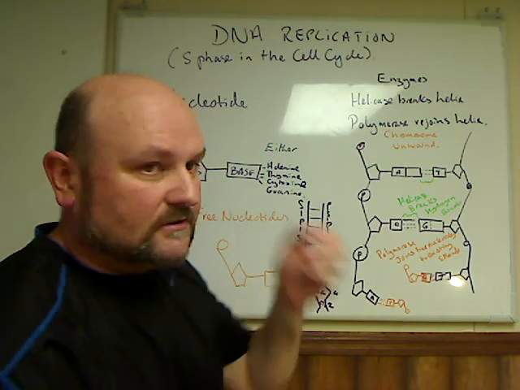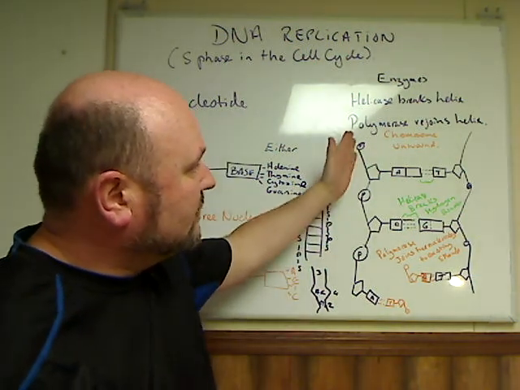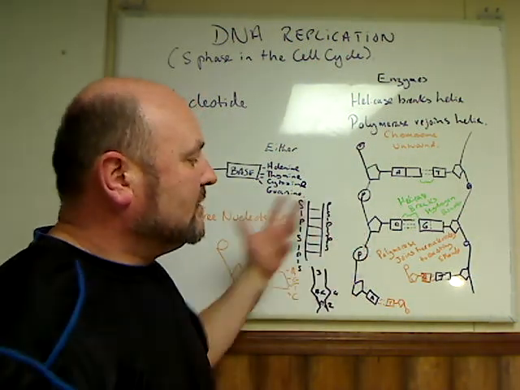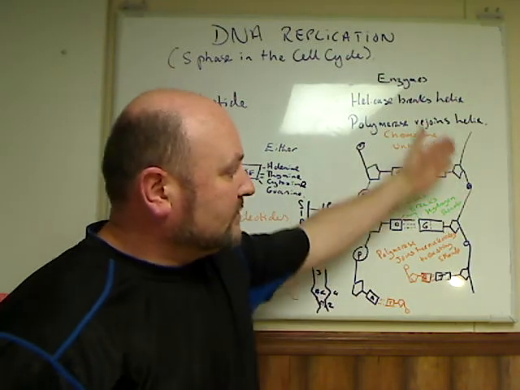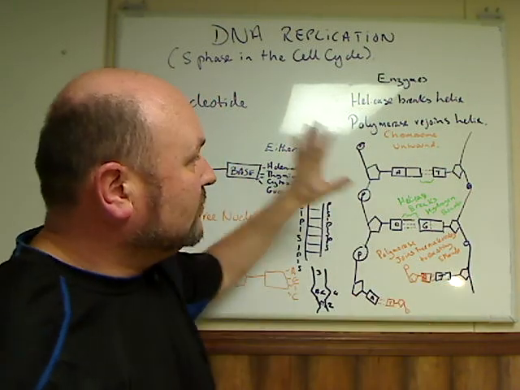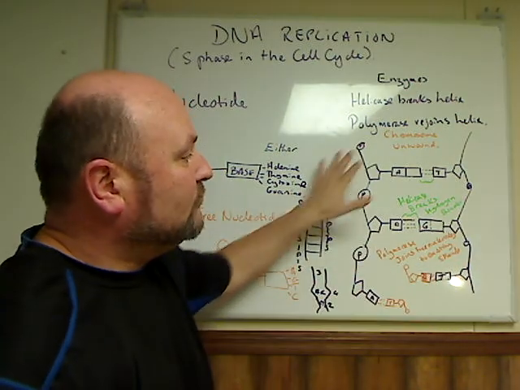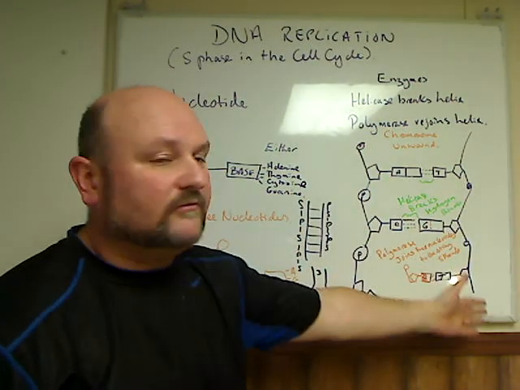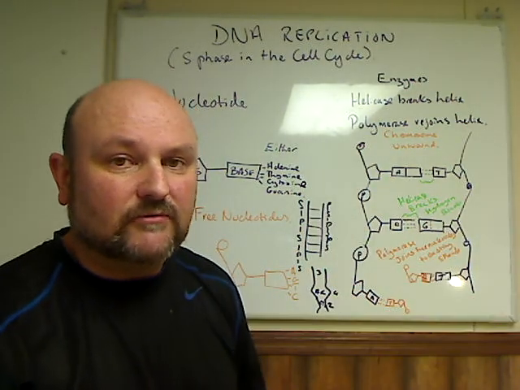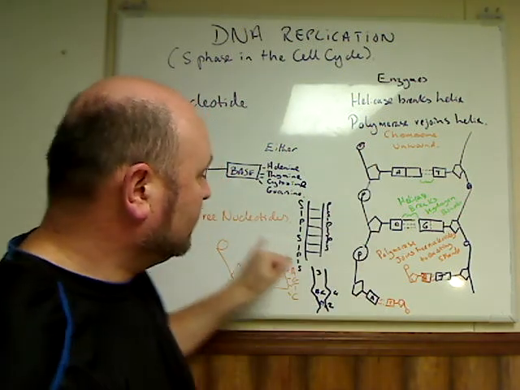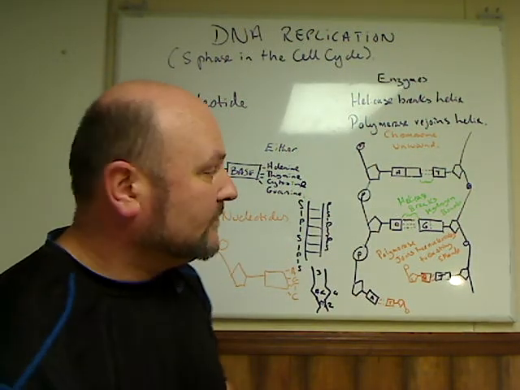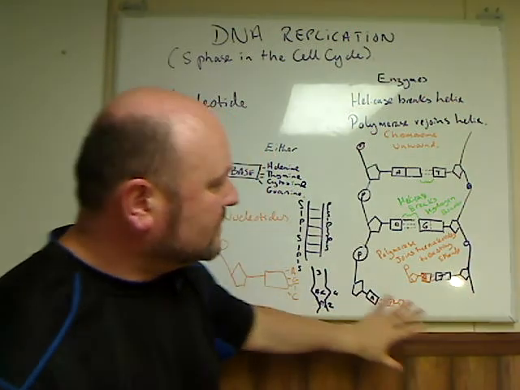So there's a couple of things to learn about this. One is that one side of the strand makes one new molecule and the other side makes another new molecule. So the original molecule is actually 50% of the new molecules, made up from the original, and 50% is made up from free nucleotides. What organizes this happening?